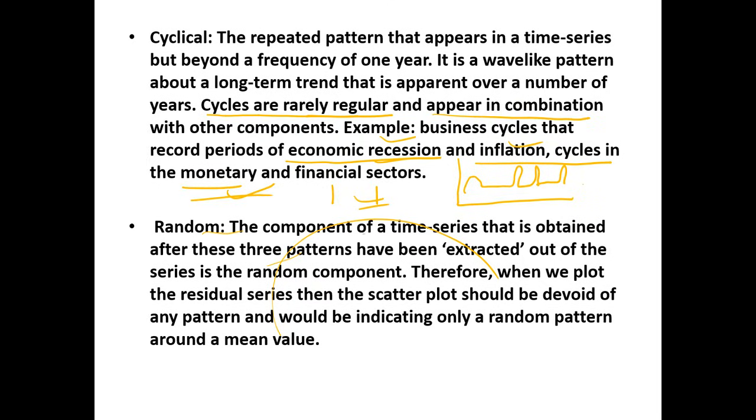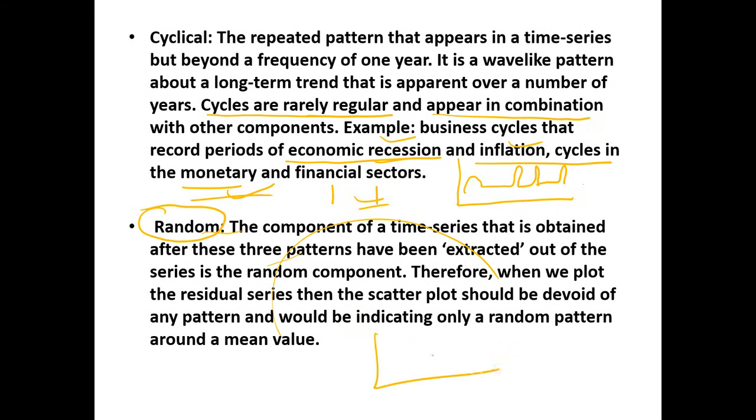So some factor really affects this. It's not just because of the time factor, like festivals. Festivals are already pre-decided, but budgets are not. The decision of coming up with a new budget is random. The government decides when it's going to come up with a budget. So that's cyclical.